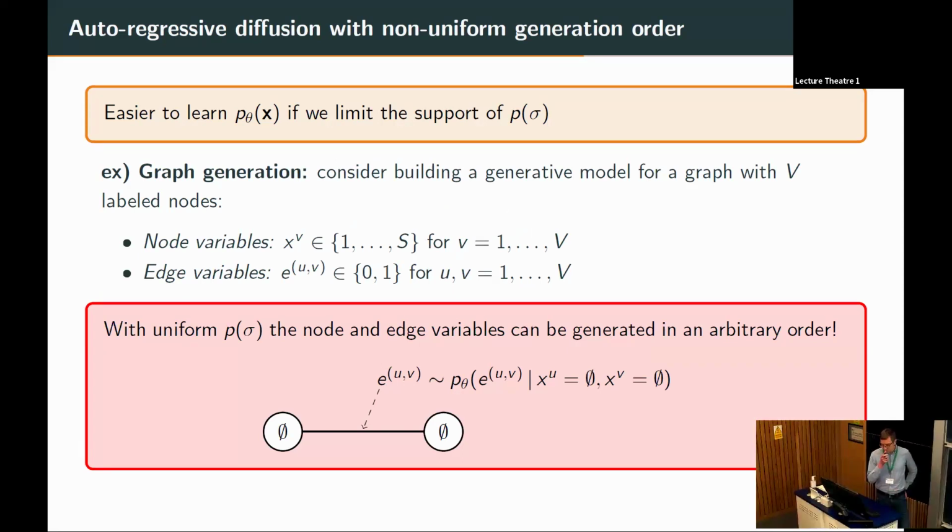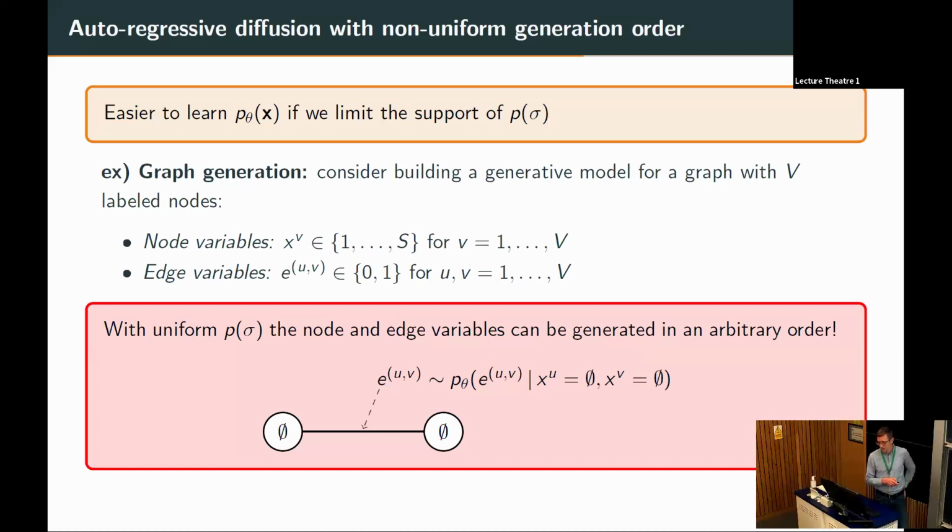Briefly, even though we could apply these denoising diffusion models directly to these graphs, similarly to these order agnostic autoregressive models, it might also be easier to learn the joint distribution if we limit the support of the possible permutations that we can consider in some way.